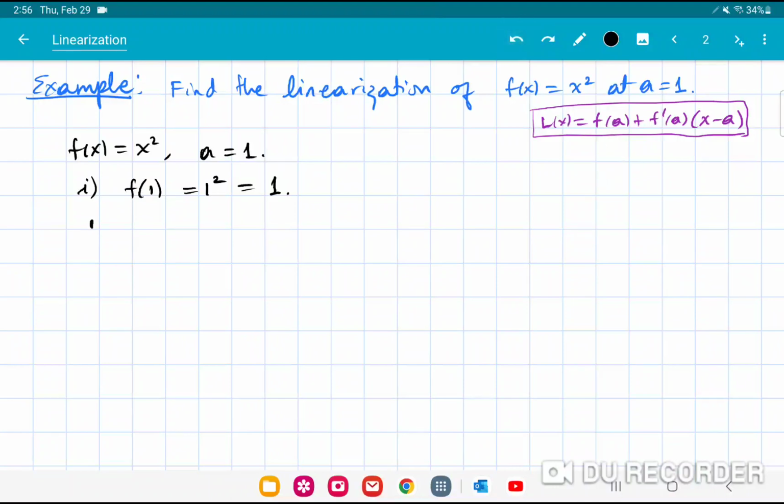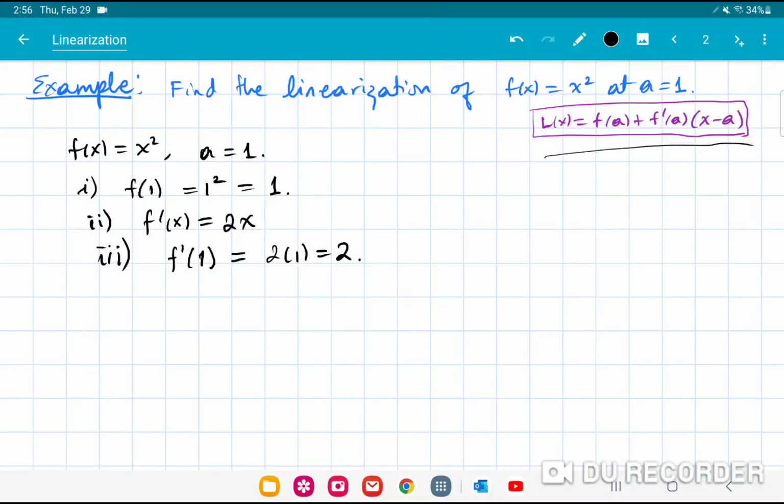Then the second thing to do is compute the derivative of the function. In this case, it's 2x. Then compute the derivative at A. That's 2 times 1, which equals 2. Then put all of these together.